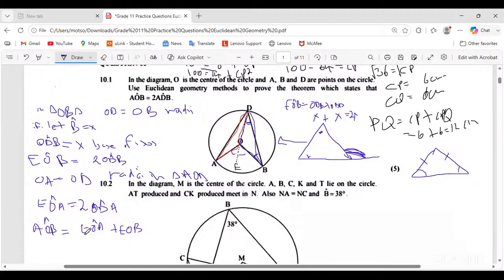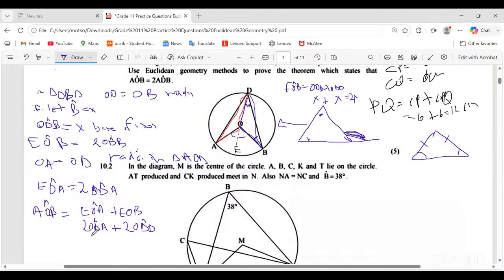Now, what was EOA? EOA is 2 times ODA there at D plus. What is EOB? EOB is 2 times ODB. Just like this.